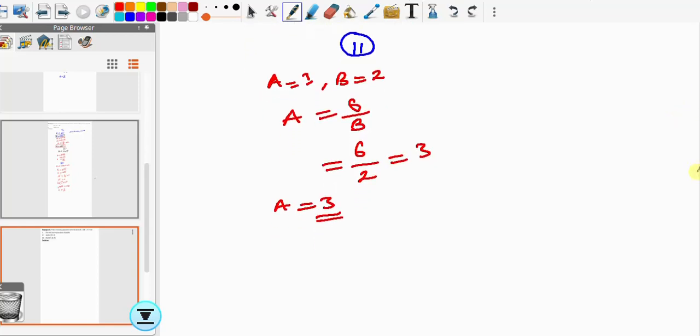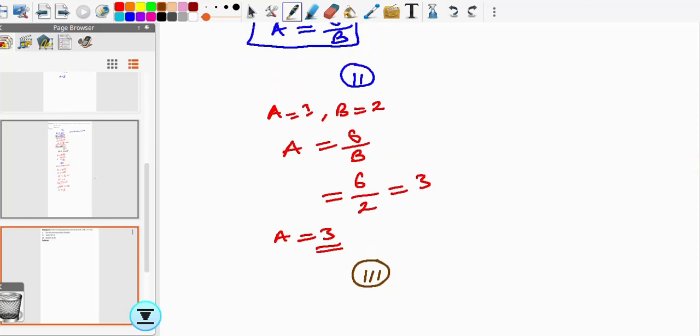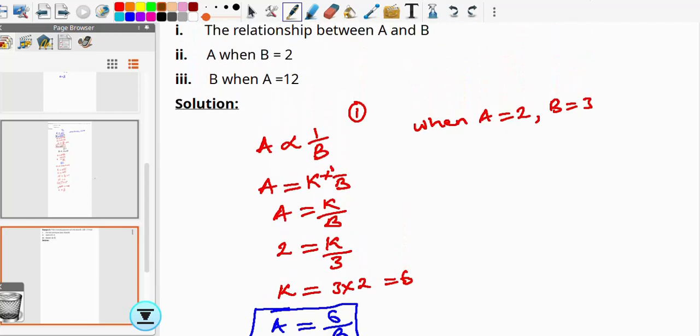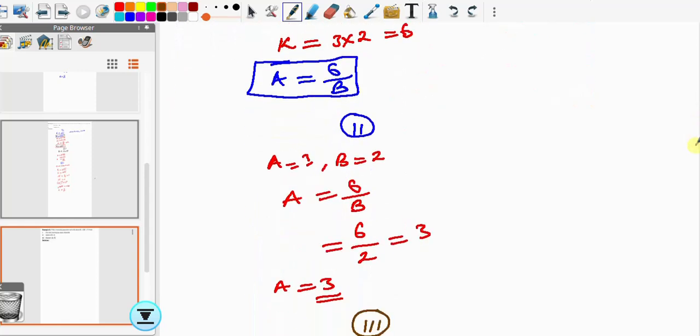Now, you have the third one right now. The third one, which is Roman figure 3. Right? And we are looking for what? We are looking for B when A equal 12.